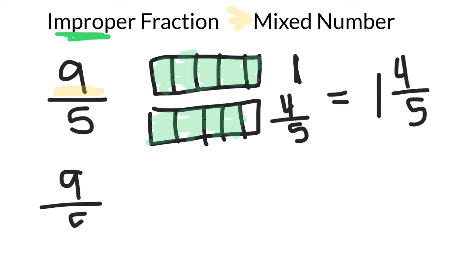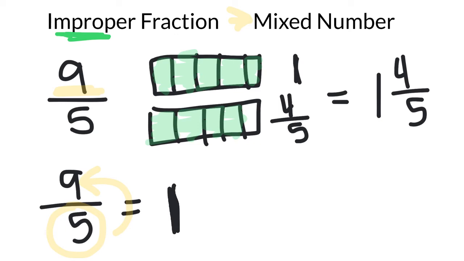Here's my 9/5 again. I need to ask myself inside my head, how many times does 5 fit into 9? If I count by 5s, 5, 10, 5 only fits into 9 one time. One whole 5 fits into 9. How many more would I need to get to 9/5?